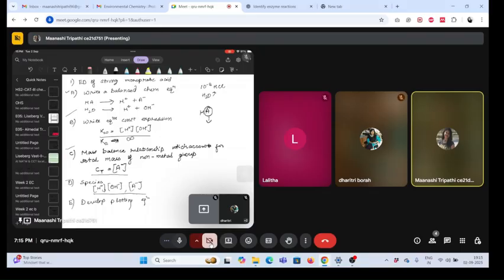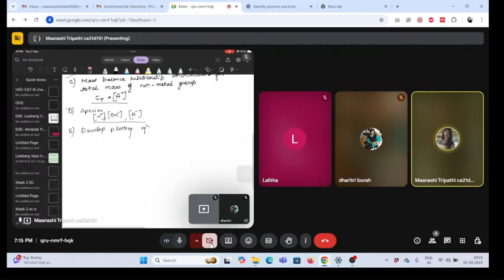Okay, so now let's write a plotting equation for A first. All the equations should be in terms of log, because this is a graph between log concentration versus pH.